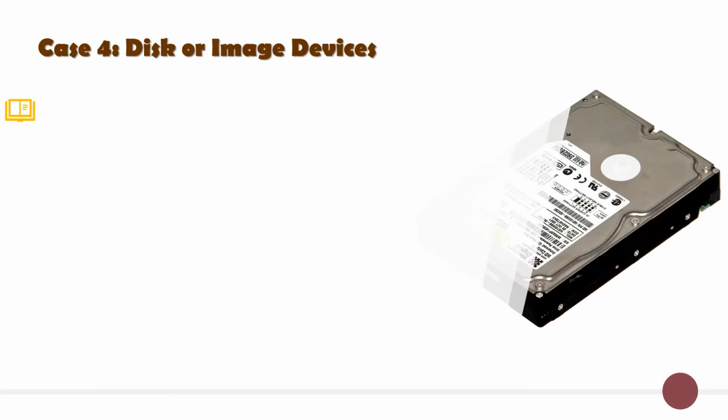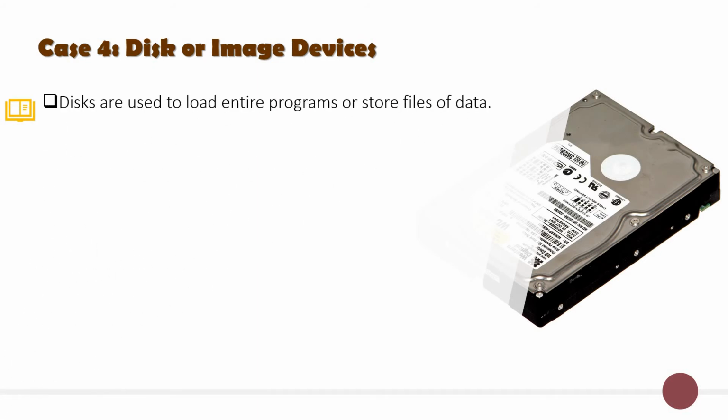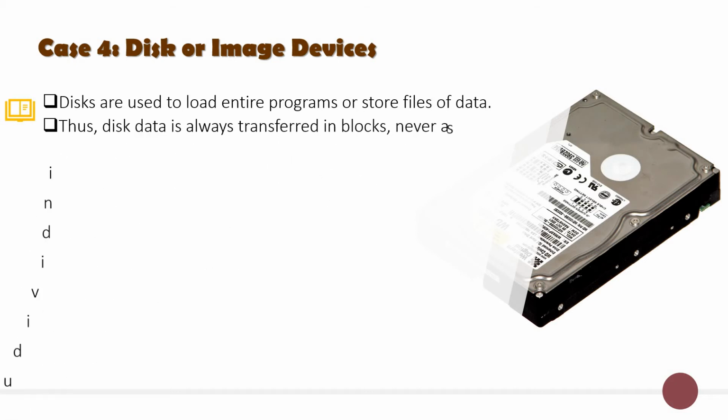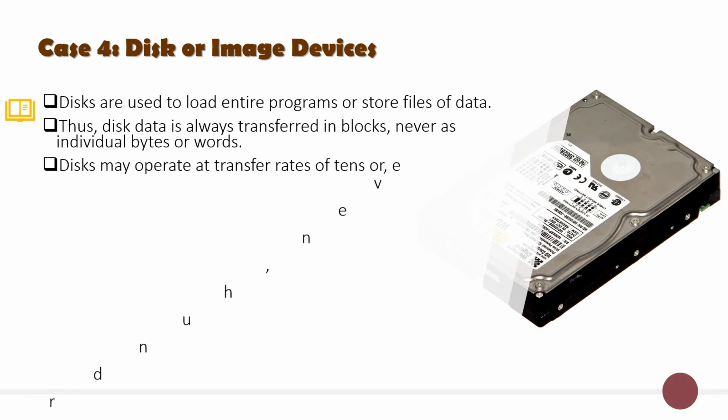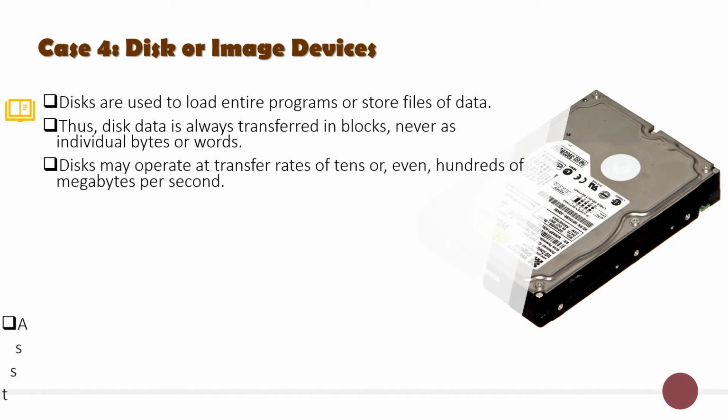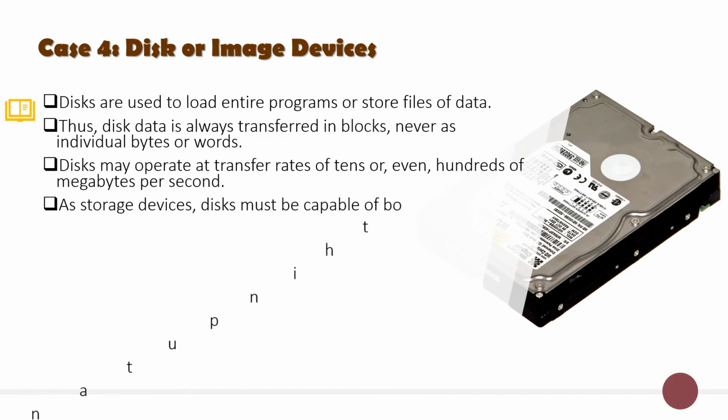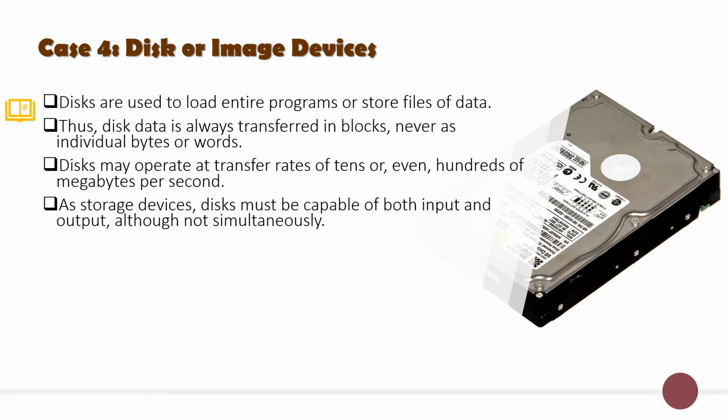Case 4, Disk or image devices. Disks are used to load entire programs or store files of data. Thus, disk data is always transferred in blocks, never as individual bytes or words. Disks may operate at transfer rates of tens or even hundreds of megabytes per second. As storage devices, disks must be capable of both input and output, although not simultaneously.